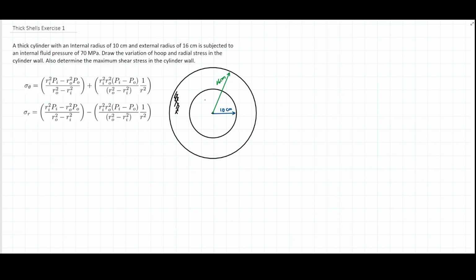Now here I have drawn the cylinder with the data that was given in the problem. Internal radius 10 centimeters, external radius 16 centimeters.